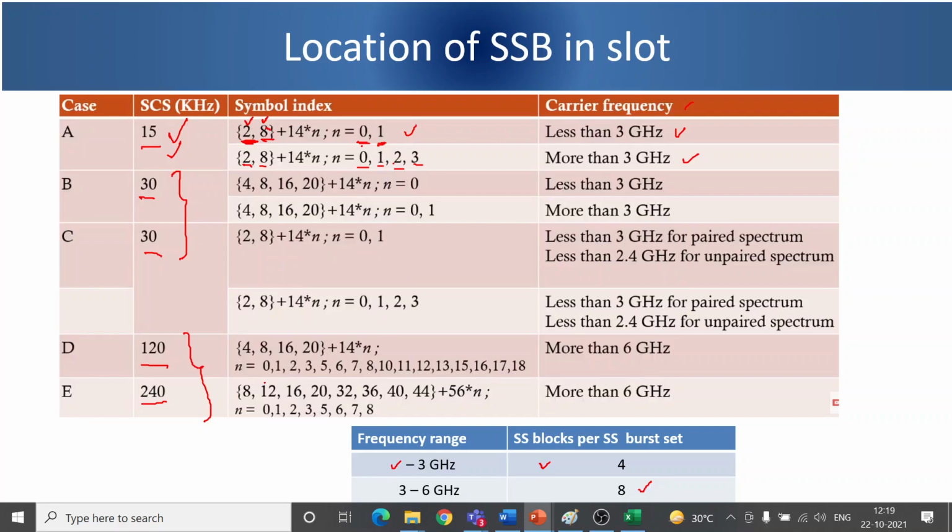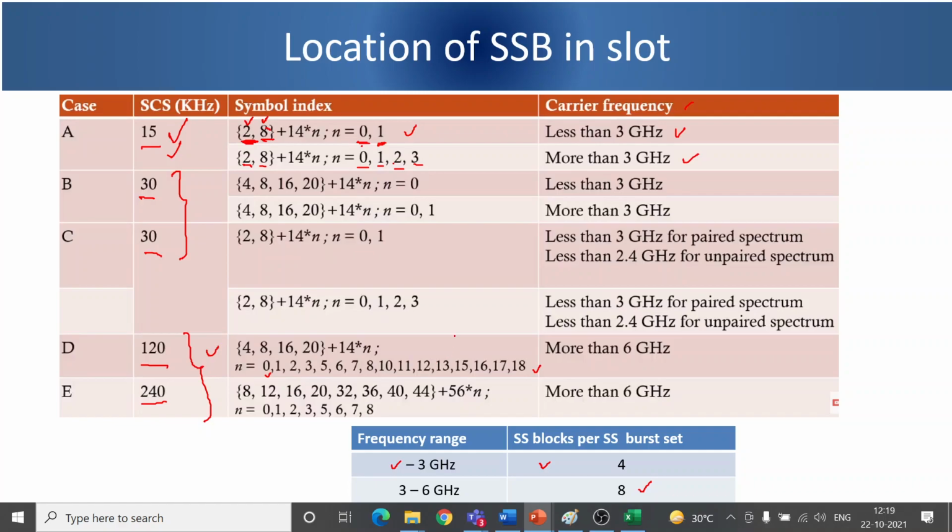Now let's look at one more example of 120 kilohertz subcarrier spacing. Here you see how many SS blocks are there. Starting from slot 0 up to slot 18, and there are some slots where they are not present, like slot 4 and slot 9. These are defined ones.